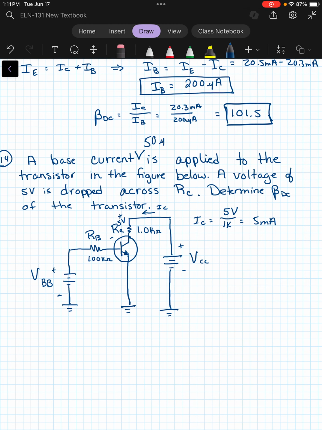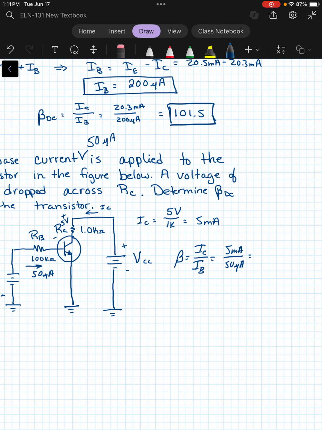So 50 microamps is applied at the base. I knew I was missing something there. So the beta would be IC over IB, or the 5 milliamps divided by the 50 microamps. Or that beta would be about 100. Okay.